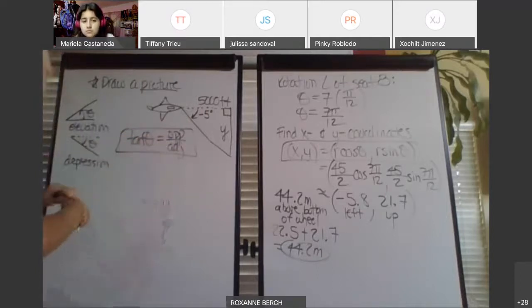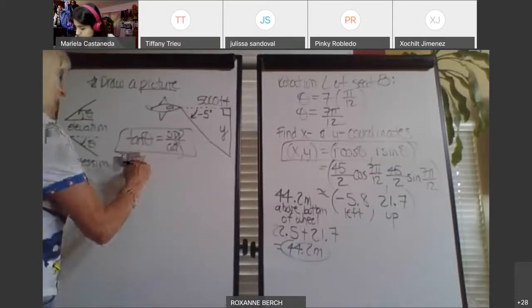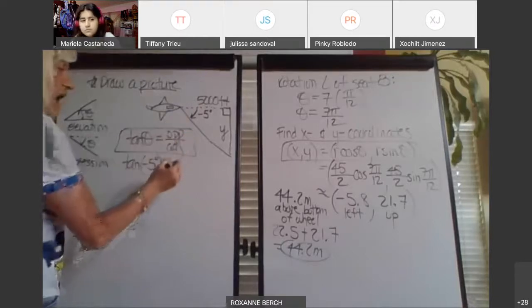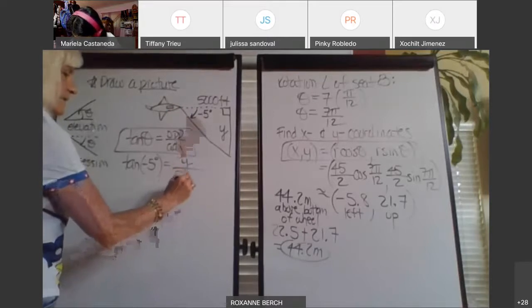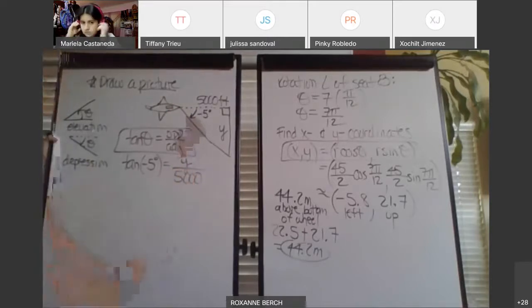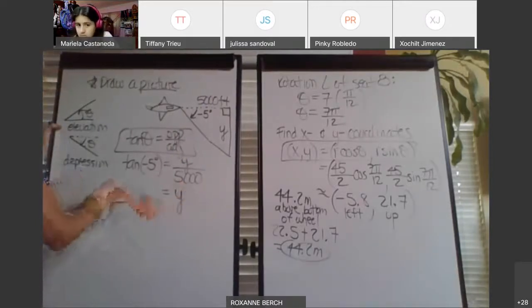Okay, so let's put the values in. So we have degrees. So we have tangent of -5 degrees. We don't have opposite, but we do have adjacent. So you just solve for y using algebra. So you multiply by 5,000.